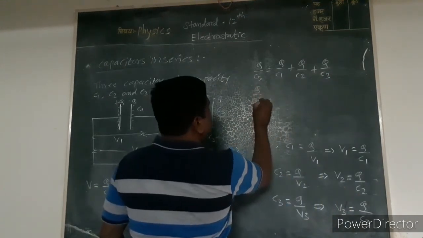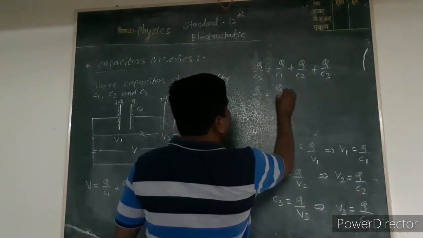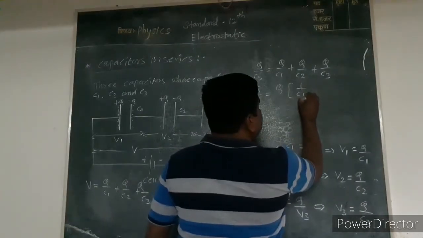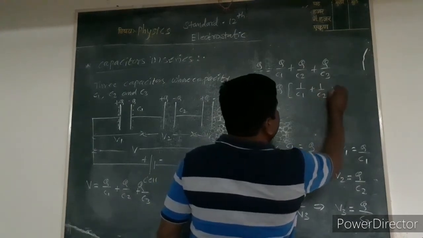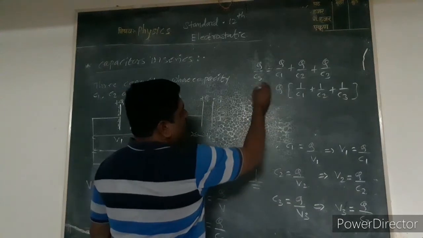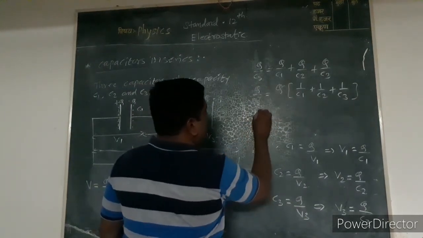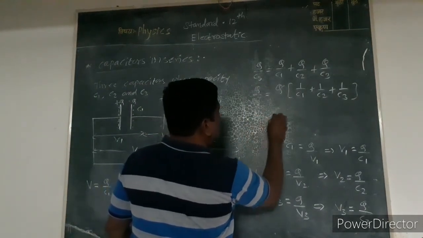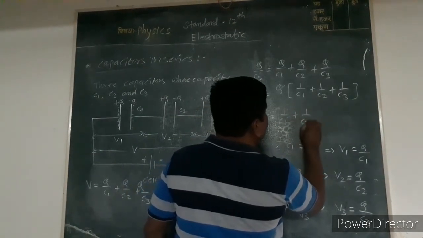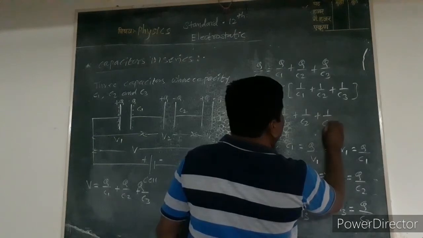Q upon CS, Q taken common, 1 upon C1 plus 1 upon C2 plus 1 upon C3. This Q cancels. 1 upon CS is equal to 1 upon C1 plus 1 upon C2 plus 1 upon C3.